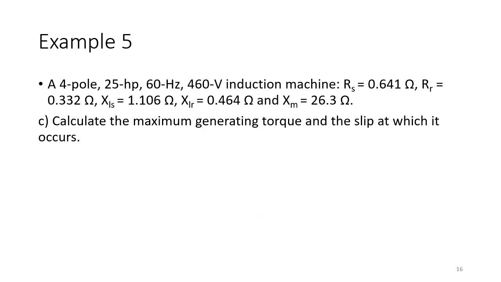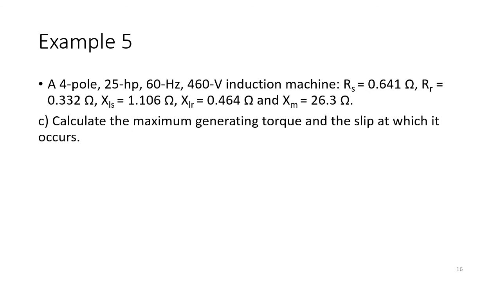Okay. Last part, we calculate the maximum generating torque and the slip at which it happens. The slip at maximum generating torque is not going to change. It's the same. The maximum generating slip is the maximum motoring slip. The only thing we need to calculate is the maximum torque.